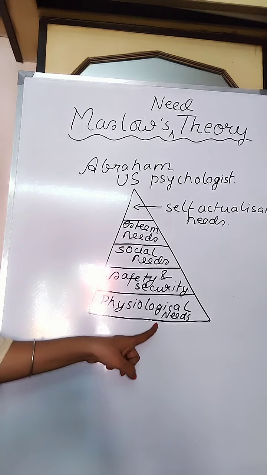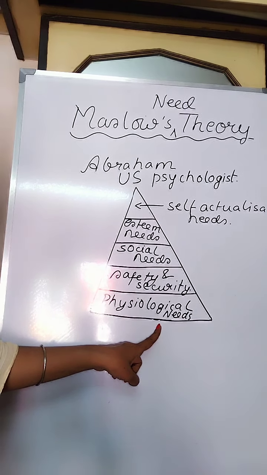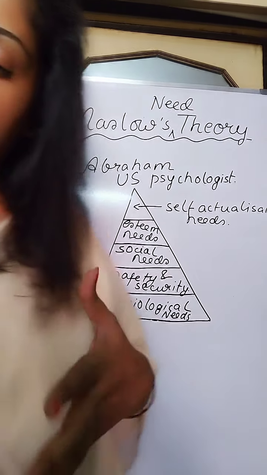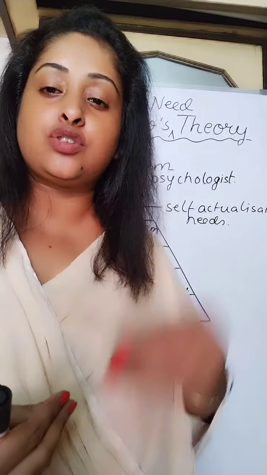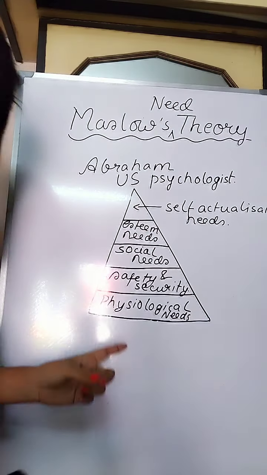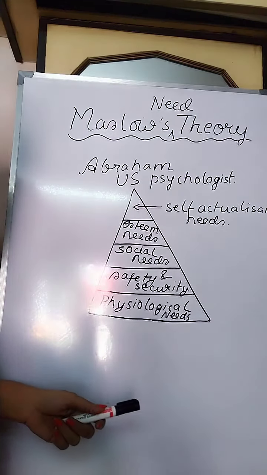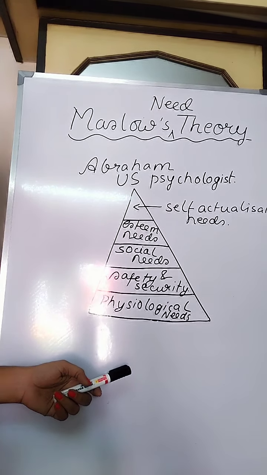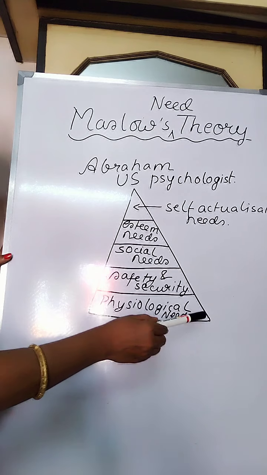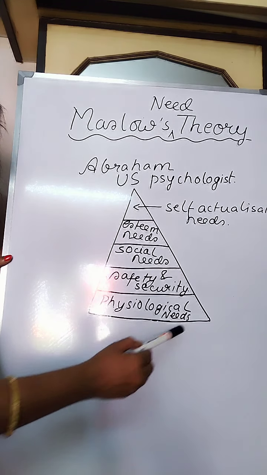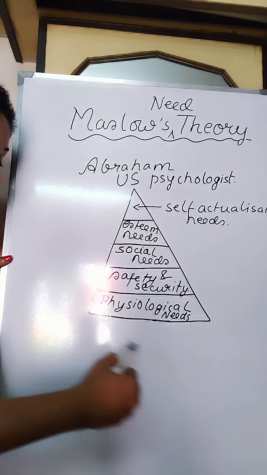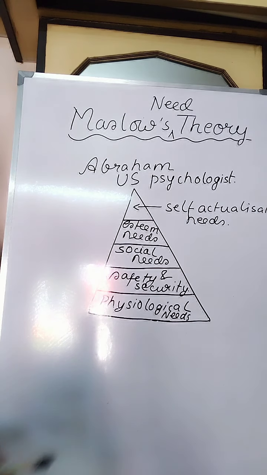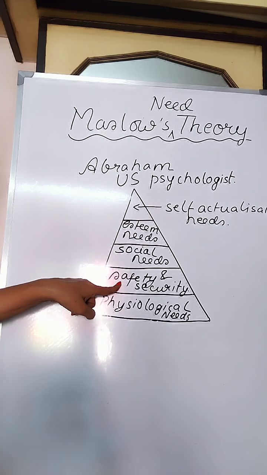First come the physiological needs. What are the physiological needs? The very basic needs, the most essential needs of humans, are called physiological needs. That is, we can call them food, clothing, shelter, exercise. All these basic needs come under the physiological needs. Then come the safety and security needs. Now what are safety and security needs?